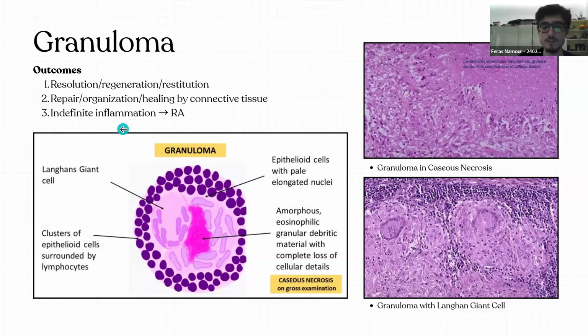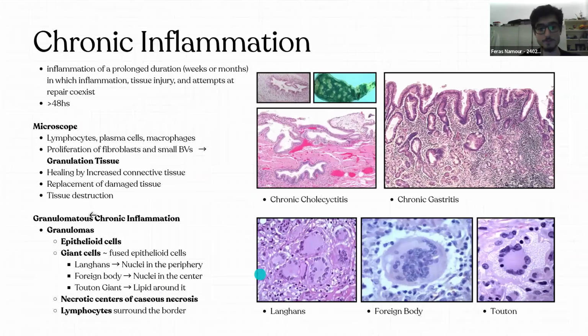And sometimes it's indefinite. What do you mean by indefinite chronic inflammation? There's an irritant, it has to go away at some point, right? What if that irritant is made by your body? Antibodies, autoimmune diseases. That's going to be chronic, indefinite inflammation. That's what you see in rheumatoid arthritis.